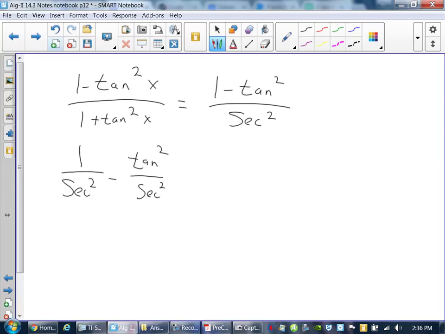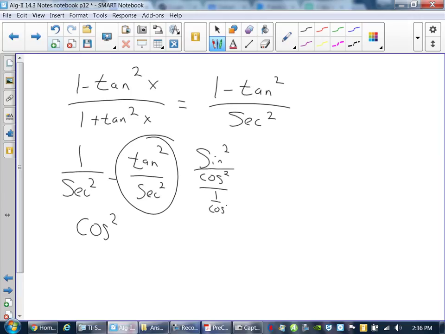Oh, I get it. 1 over secant squared is the same thing as cosine squared. I'm going to quickly rewrite that as a complex fraction: sine squared over cosine squared, over 1 over cosine squared.